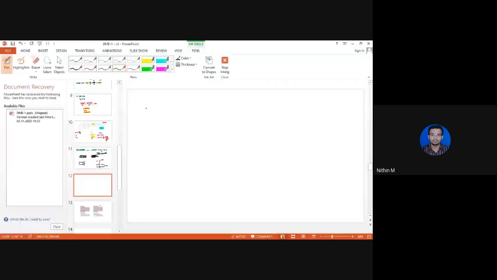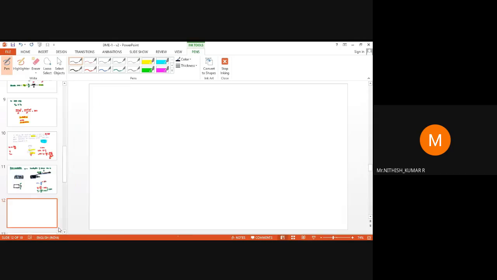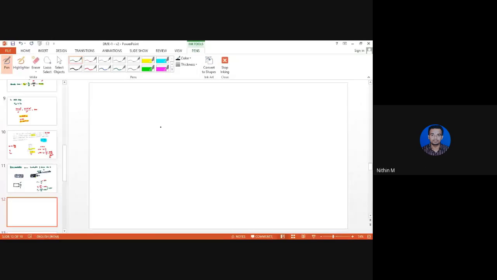So suppose, is my screen visible now? Yes, sir. Okay. So suppose you are trying to design a plate, right? Take the case of the machine vise.